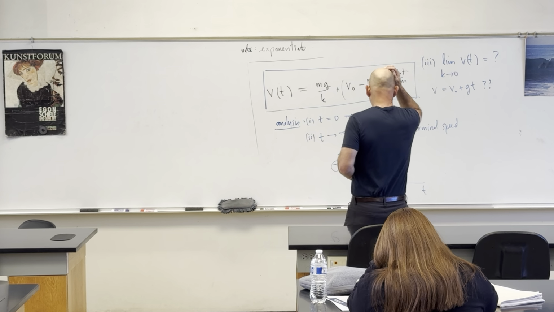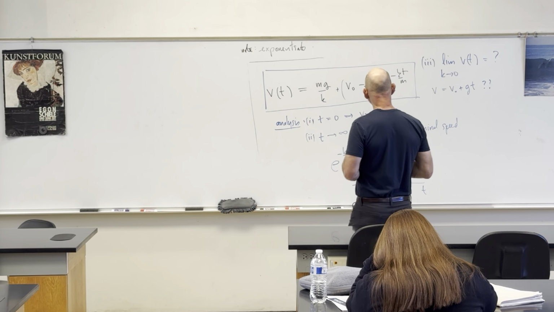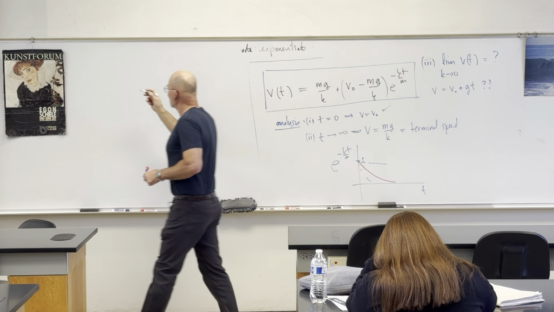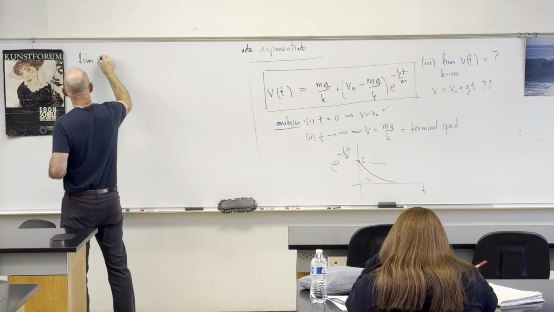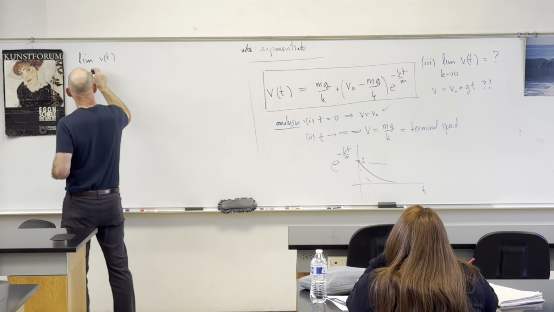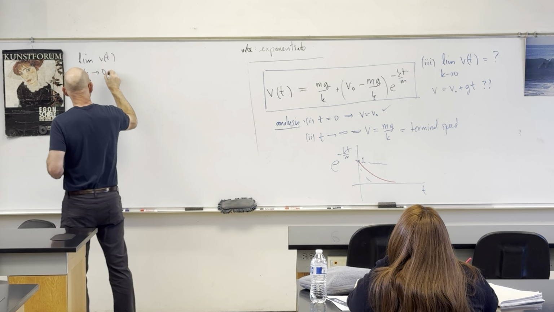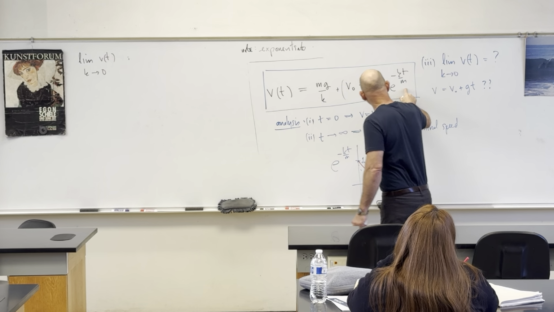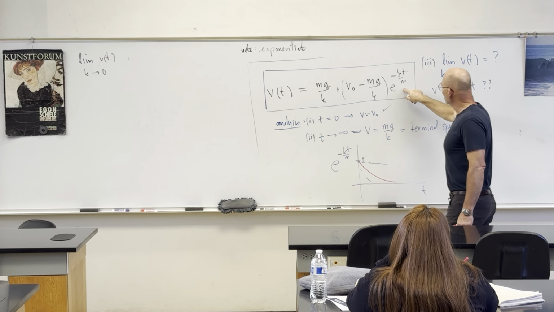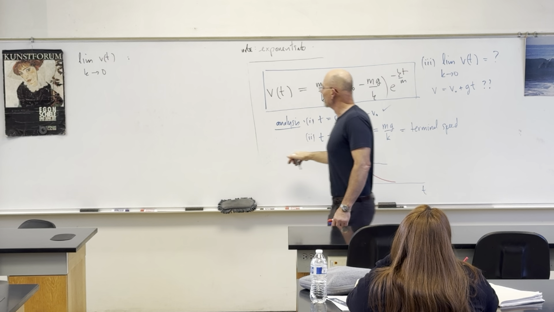Now there's another way to do this limit. The limit of v of t as k goes to 0. And what we're going to do this time is expand the exponential to first order.